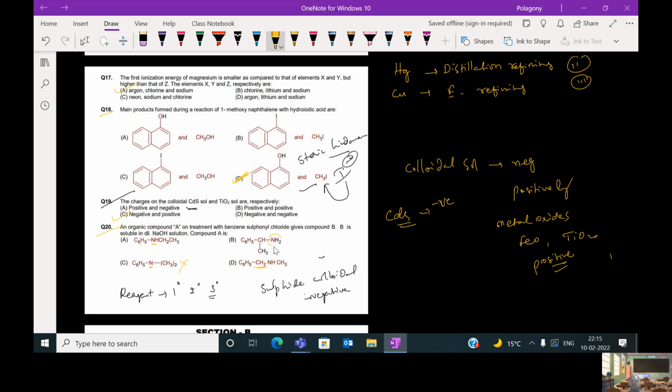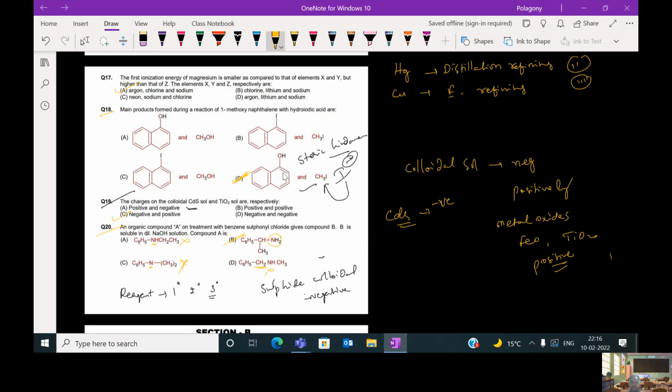In the second option you can see NH2 is attached to an aliphatic carbon, and here NH2 is attached to phenyl and aliphatic. Steric hindrance is possible in the other cases, but in this case the free NH2 is present, so B is the correct option.